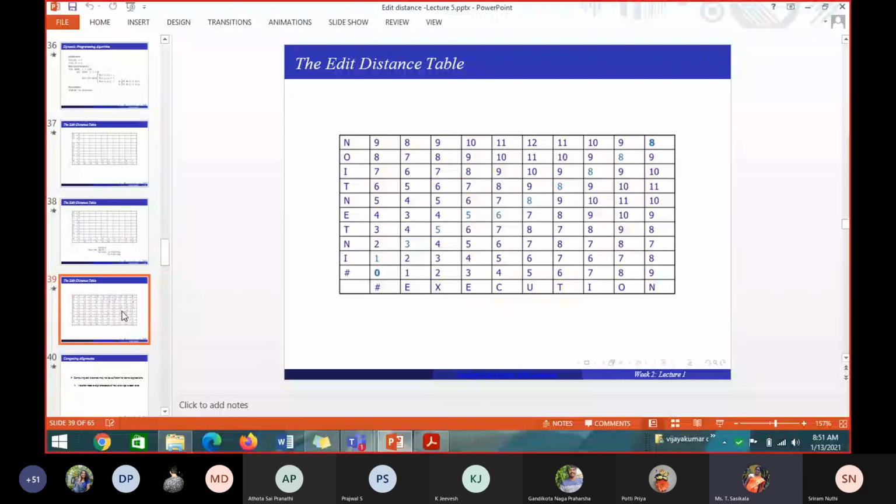Can you all able to see the screen, students? Yes, ma'am. Have you all arrived at the same solution? Please check it. I'll give 1 more minute because it's a 9 cross 9 matrix.